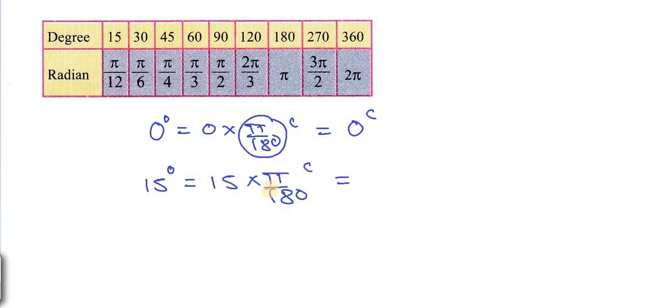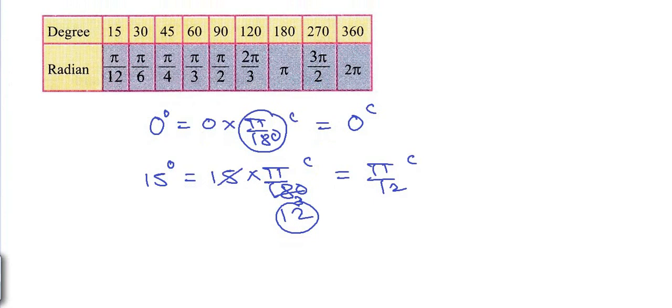So that is equal to, let us divide 180 by 15. So it is 12. 15 ones are 15. Remainder is 3. 15 twos are 30. So we get 12 in the denominator. So pi by 12 radian. So 15 degree is equal to pi by 12 radian.